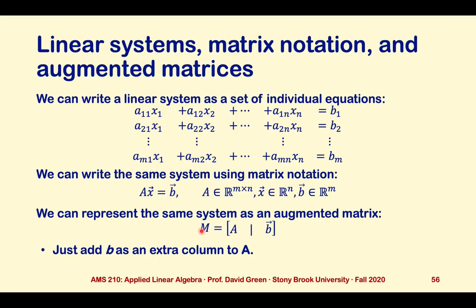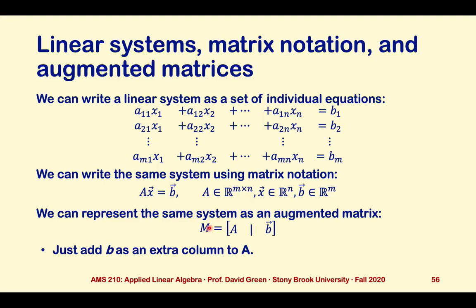And M will have exactly one more column than the number of variables. M contains only numbers or symbolic constants. It contains the coefficients of A in the first n columns and the right-hand side in the last column. It does not explicitly contain any of the variables.